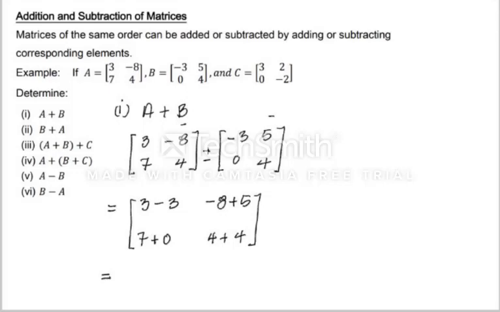So we add matrices by adding corresponding elements.